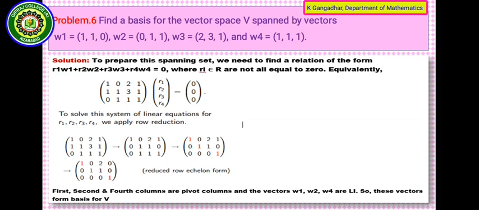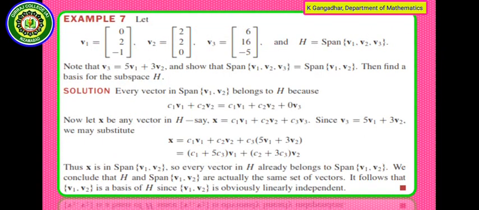So the first, second, and fourth columns are pivot columns. These three columns' vectors are linearly independent, and they form a basis for the vector space. That means W1, W2, W4 vectors form a basis for the vector space.